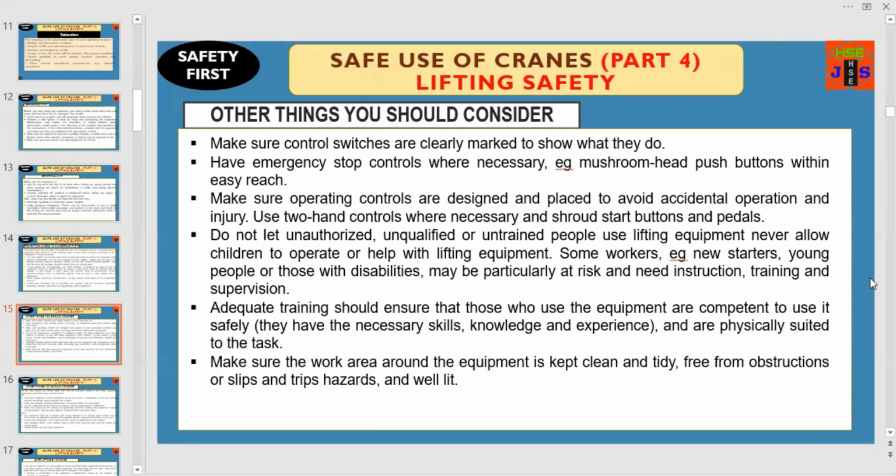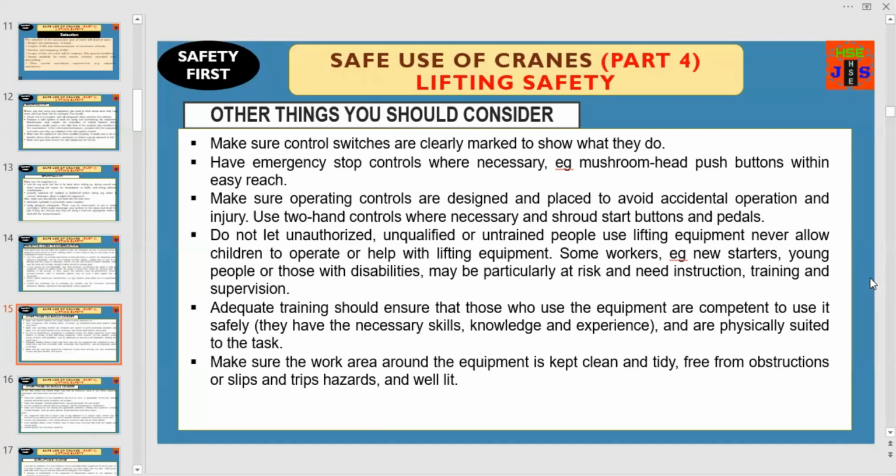Don't let unauthorized, unqualified, or untrained people use lifting equipment. Never allow children to operate or help with lifting equipment. Some workers, for example, new starters, young people, or those with disabilities may be particularly at risk and need instruction, training, and keen supervision.